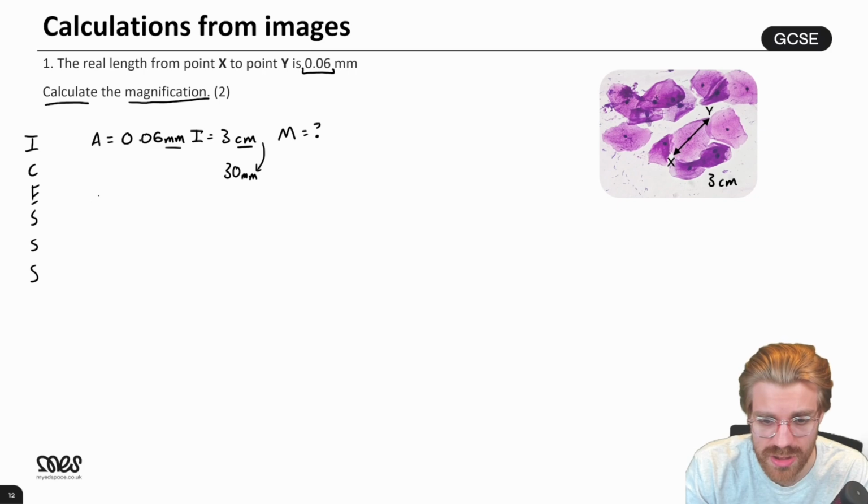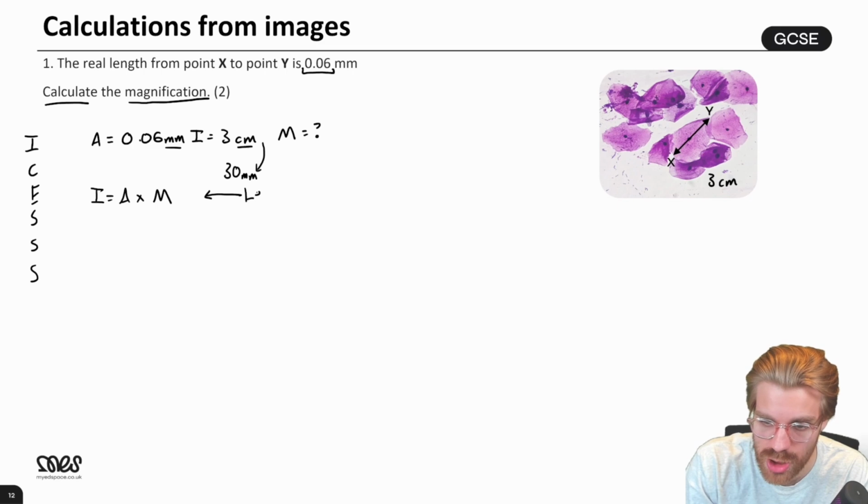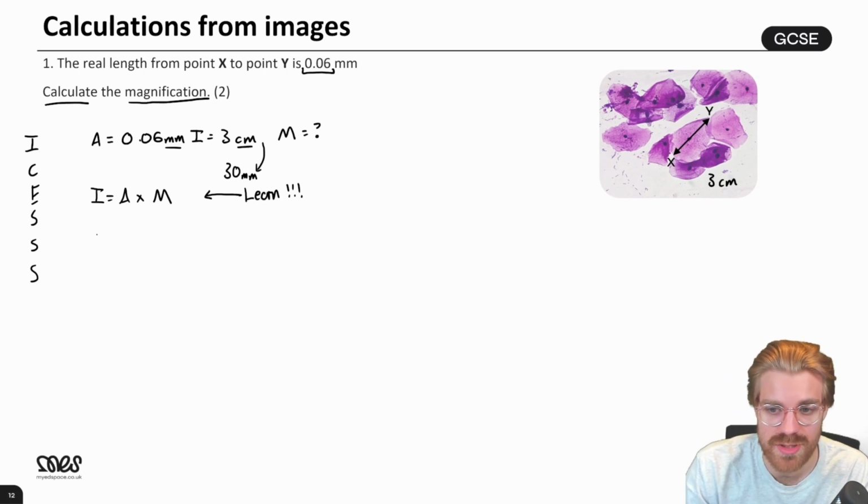Next is our equation. And our equation is one that you need to learn. Image size equals our actual size times the magnification. You need to learn this equation. It will not be given to you in the exam. Then I substitute in my values into my equation.